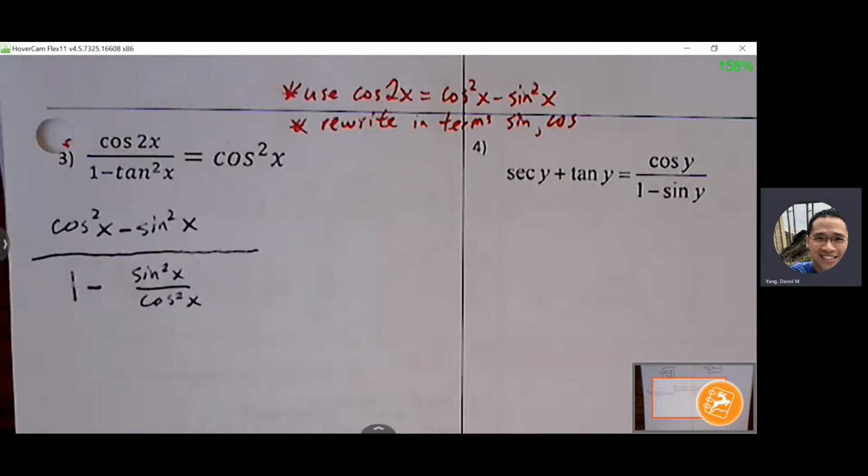Do your common denominator step in the denominator portion, and then we're going to see something that's going to line up nicely with the numerator.